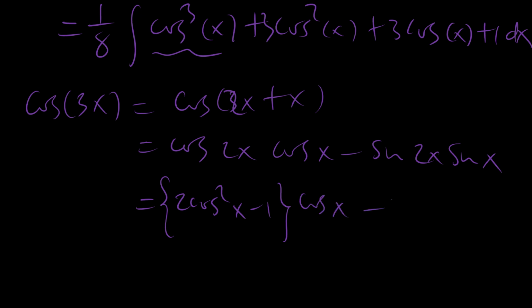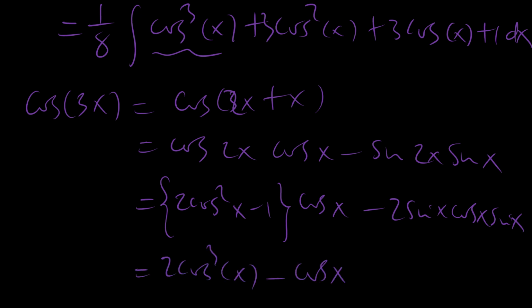Here we have 2 sine x cosine x sine x, which is the same as 2 cosine cubed x minus cosine x minus this is 2 times 1 minus cosine squared x cosine x.